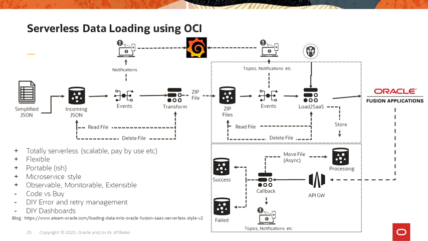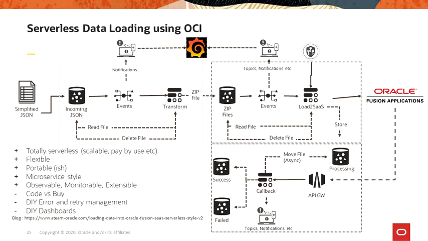My scenario here is that if you've ever looked at Oracle ERP imports, there are these horrible CSV files that need to be compressed into a zip file. I don't like that. I like JSON. So I've created a simplified JSON, and I put that JSON into an incoming JSON bucket.